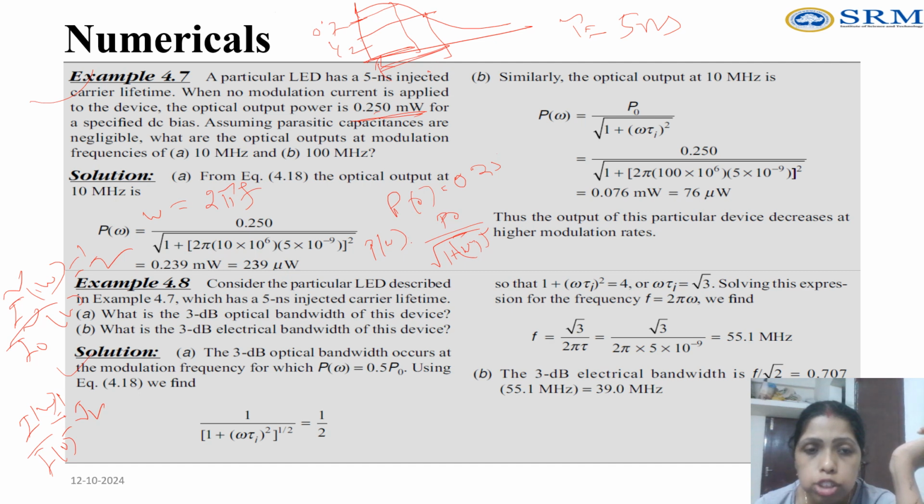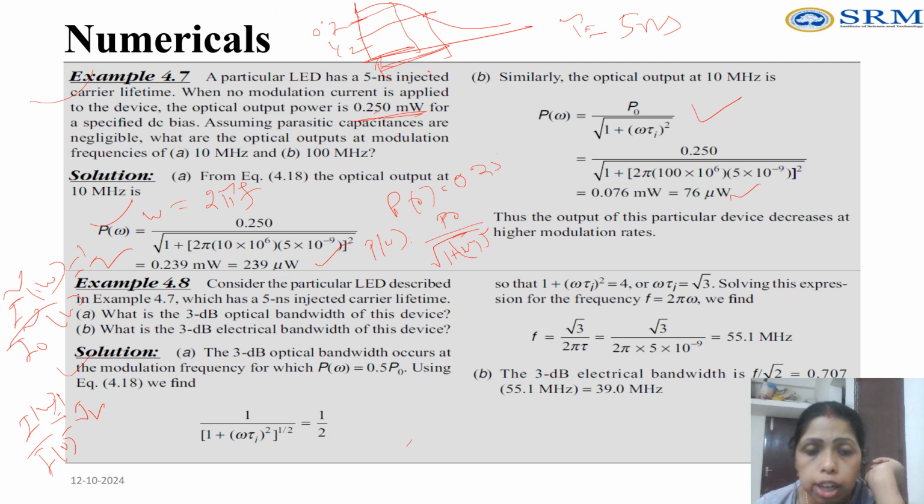For two different frequencies, 10 megahertz and 100 megahertz, you calculate omega, and tau is 5 nanoseconds, so you can calculate P omega. So two different optical powers you will get. If you know the formula, you can solve this numerical.